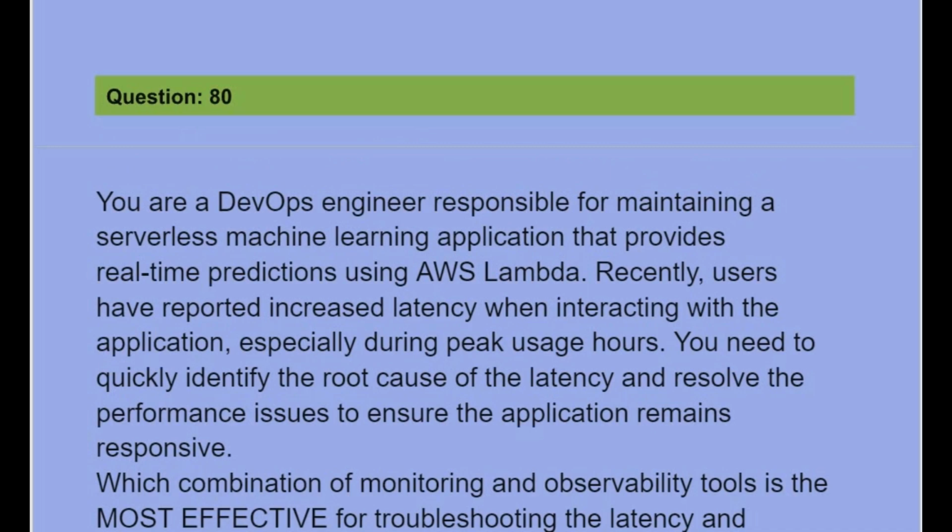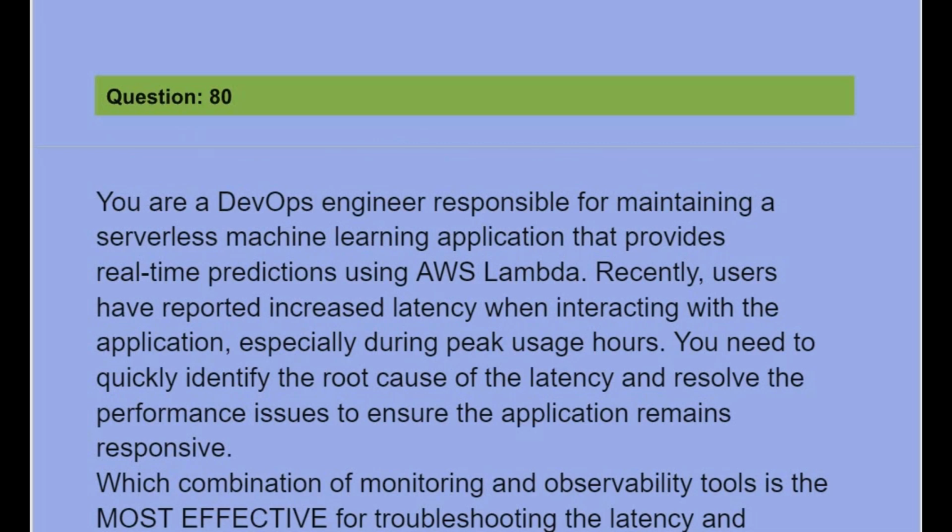Question is, you are a DevOps engineer responsible for maintaining a serverless machine learning application that provides real-time predictions using AWS Lambda. Recently, users have reported increased latency when interacting with the application, especially during peak usage hours.